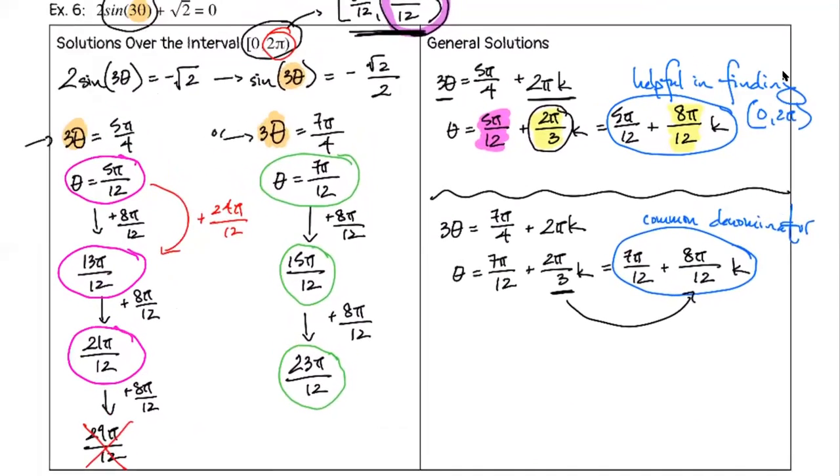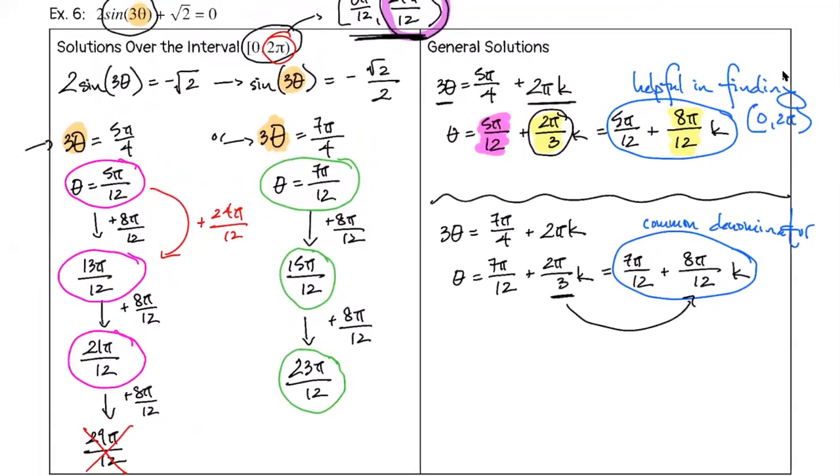If we go back to this first one, we divided by 3. So we took 2 pi and we divided that by 3. That's how we got 2 pi over 3.